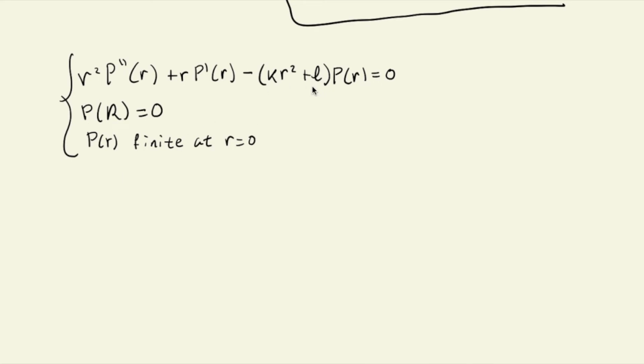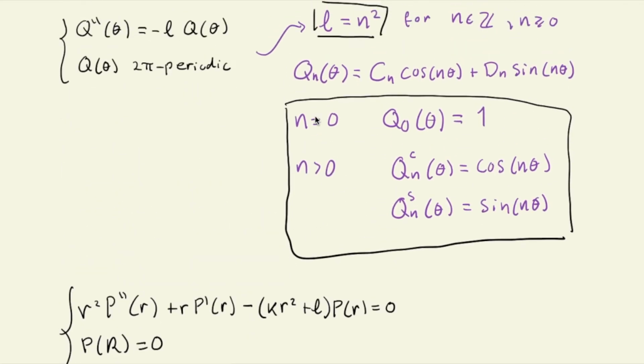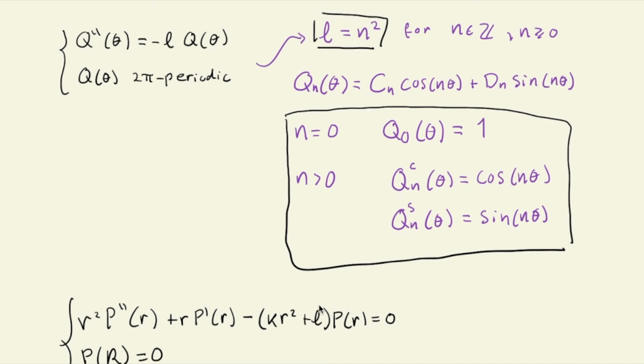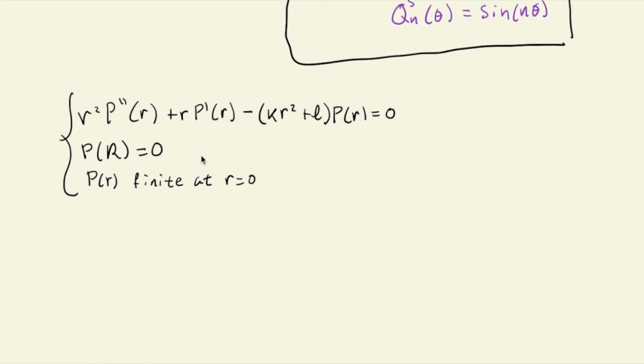So first, we already figured out what L has to be. So let's plug it in there. L is equal to n squared, already fixed. So we already chose that integer n.